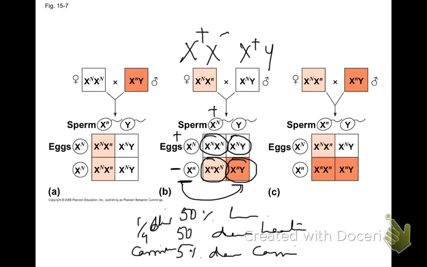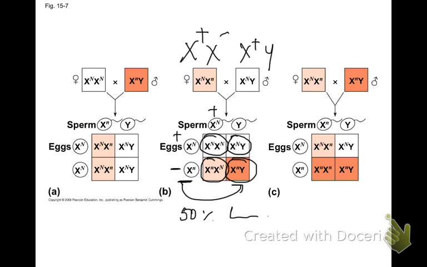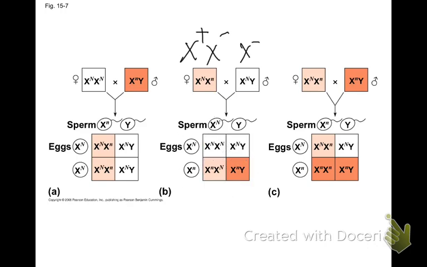Or you can say 1/4 of their children are affected. Or you can say 50% of their sons are affected. So there are different ways in which you can express the same set of results. It's a good idea to know that in order to understand what exactly is being asked, and that helps you answer the questions in the exams.